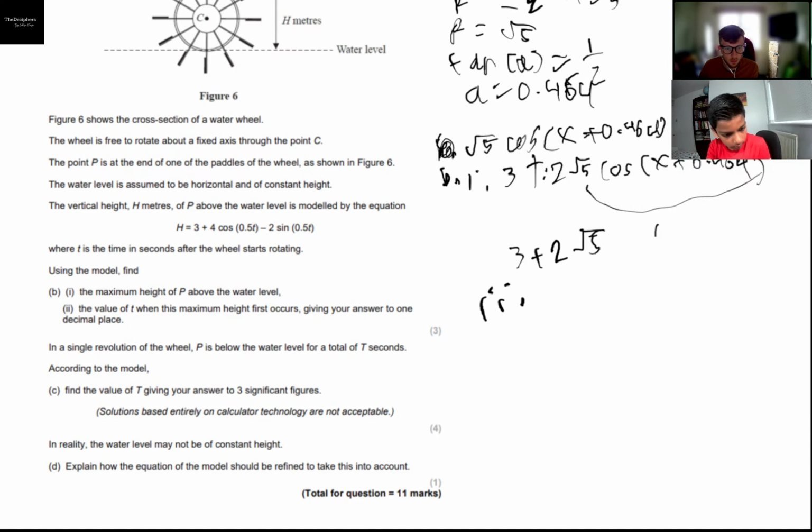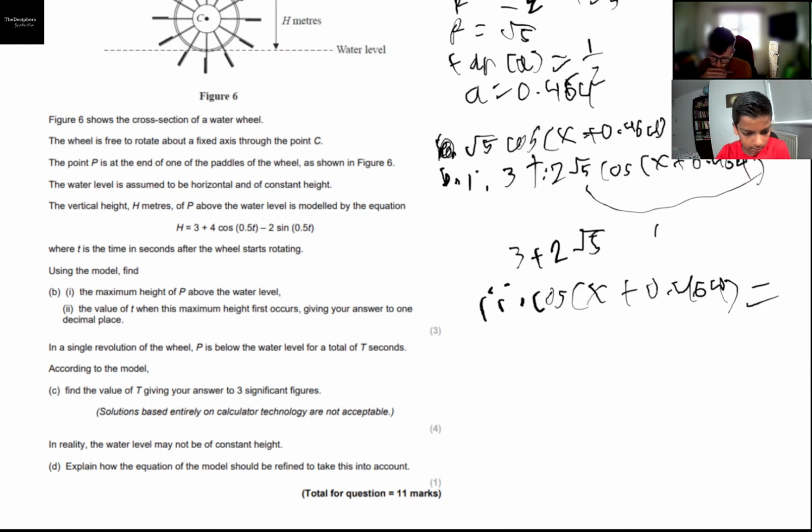Okay, so for part I, cos of x plus 0.464, we want that to be equal to 1.